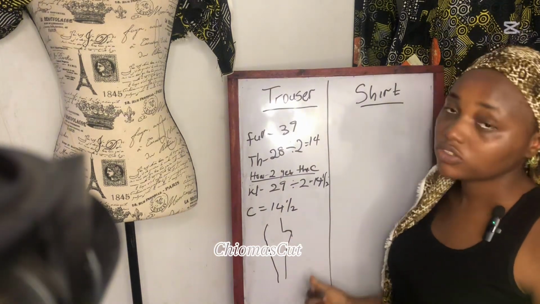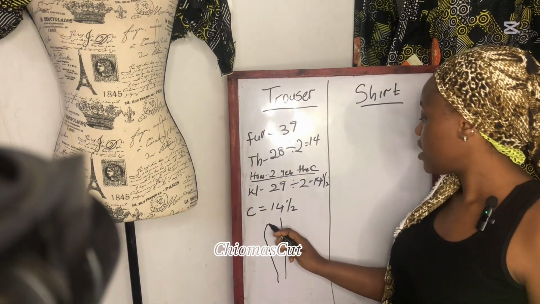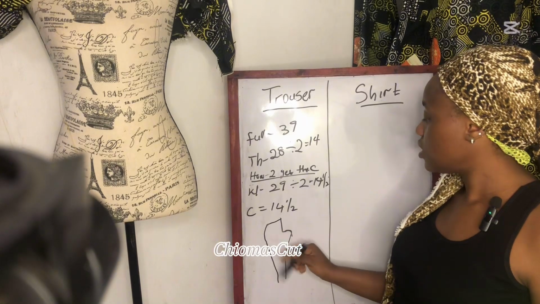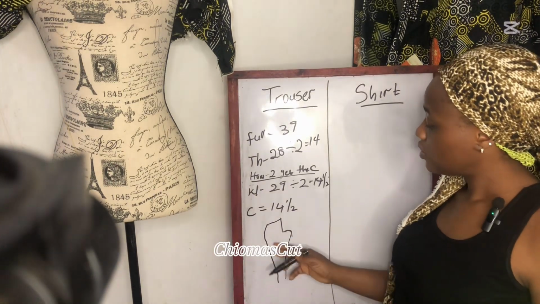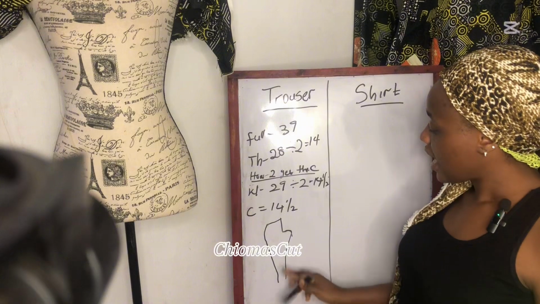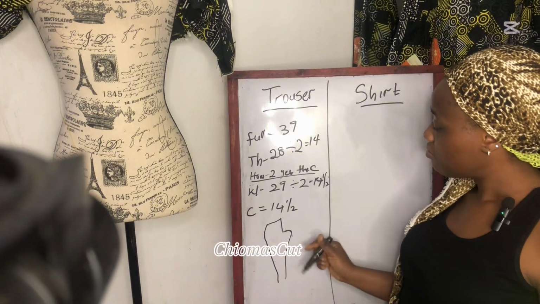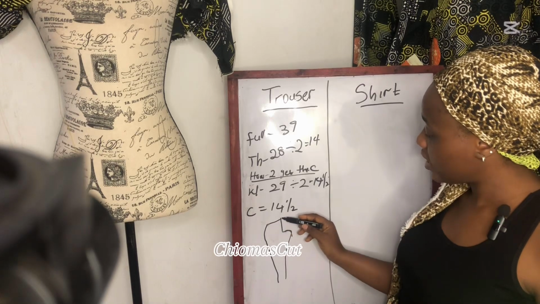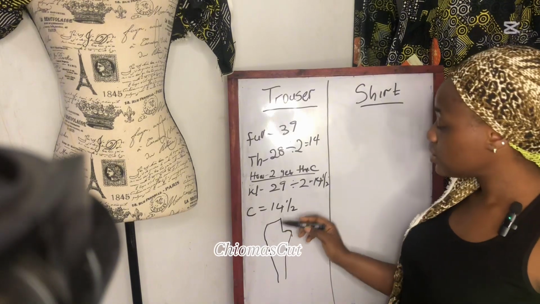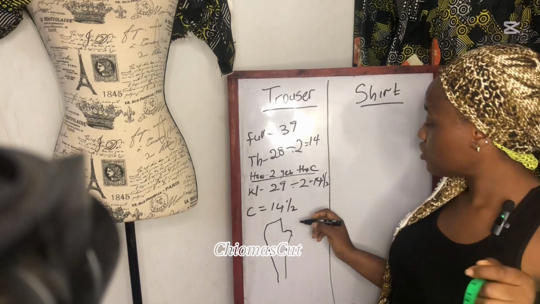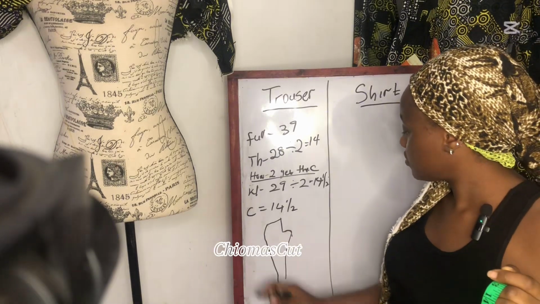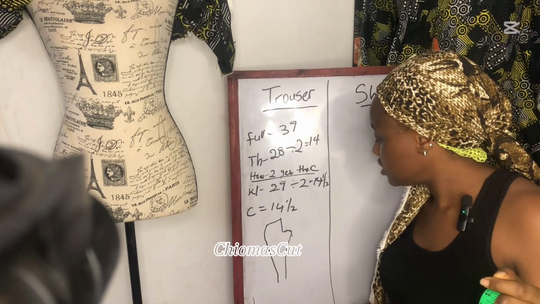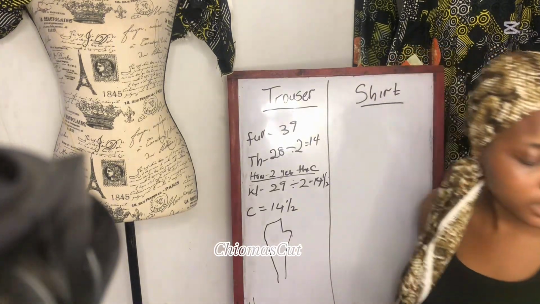You can now go ahead to take your waist measurement, your hip measurement, and then your thigh measurement. First, you use your hip measurement. What's our hip?